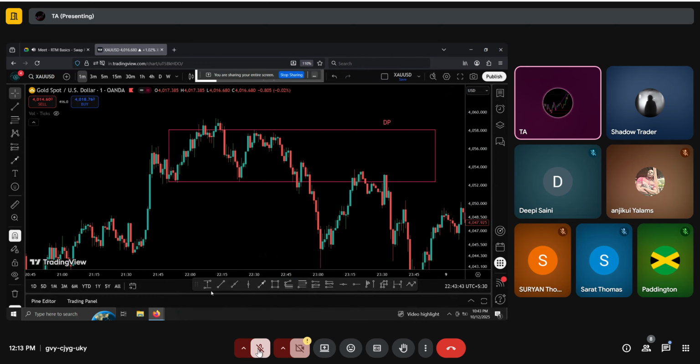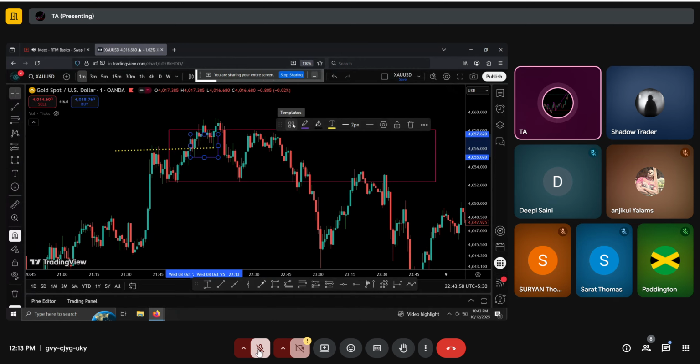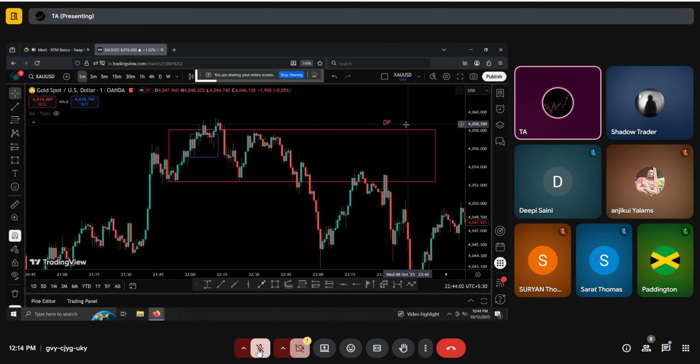If we look to the left, if we go left like this, we will find a zone here from where the price bounced to upside. Yes, it was an FTR. When this crossed, it was an FTR.